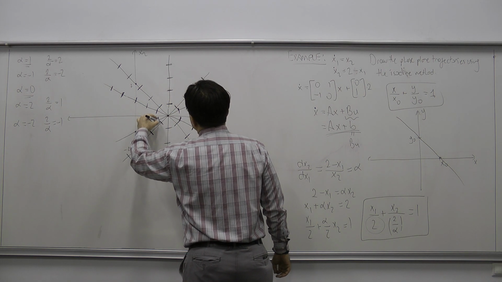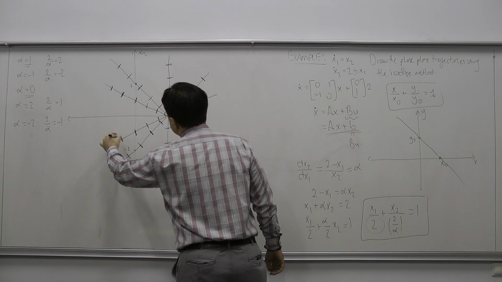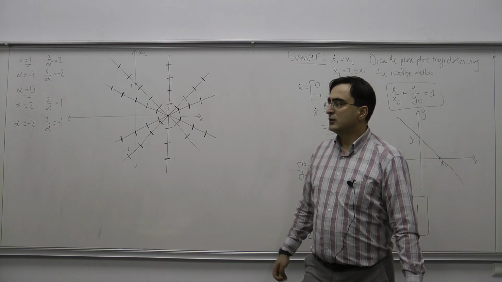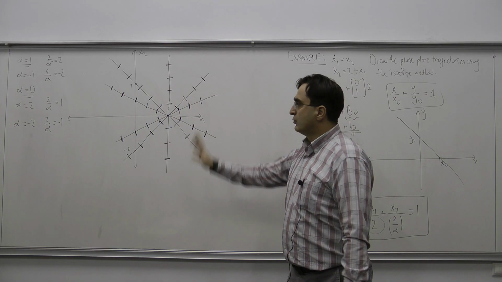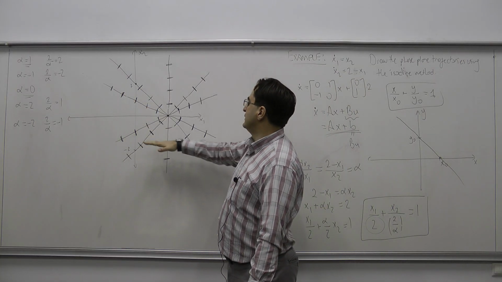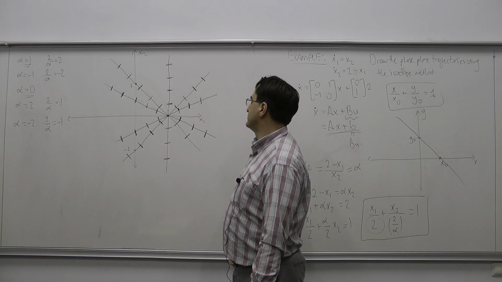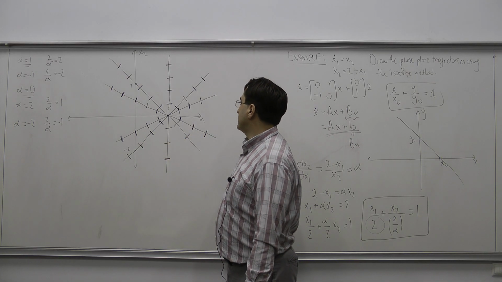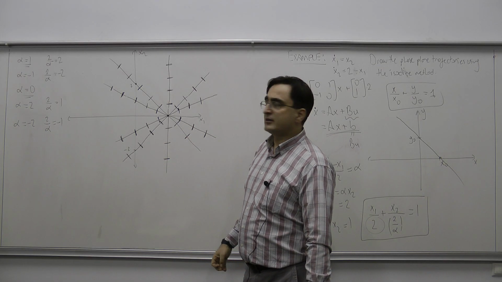So an interesting thing here is that whatever line I am drawing here, the slopes that I am drawing would always be orthogonal to that line. Okay? For this system, whatever line I draw here, the local slopes of the trajectories that I'm drawing are always orthogonal to the lines that I draw.